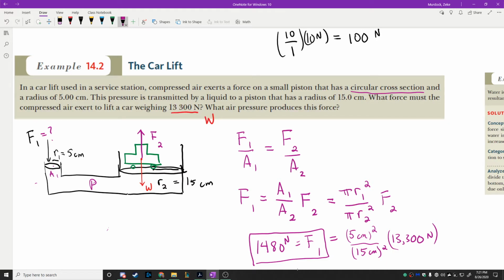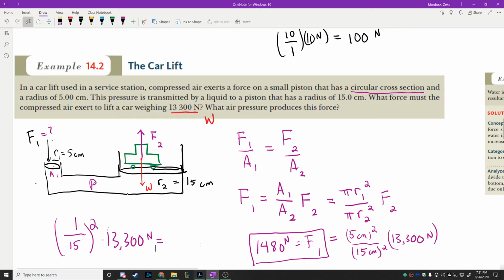If you change this to 1 centimeter right here, so if instead you were doing 1 divided by 15, and then you square that, and then multiply by 13,300, you would reduce the force that you need to push to lift the car by a factor of 15 squared, which is like 225 or something like that. Almost 250 reduction in this number right here. So you can see the power of something like this. Hydraulics are extremely powerful for lifting cars. That's why we use them.